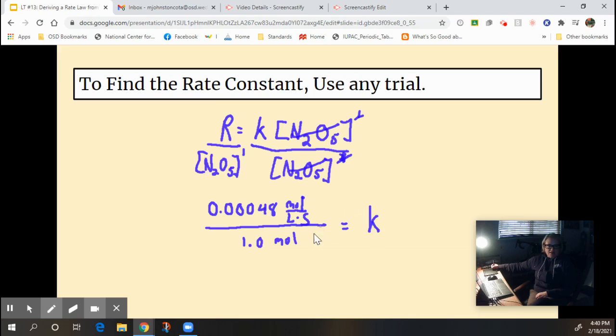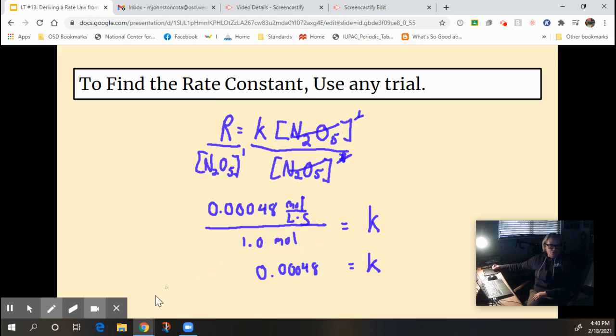So when I solve this out, the math is incredibly simple. The proportionality constant, because it's a first order reaction, is the same as the rate of reaction in this particular case.